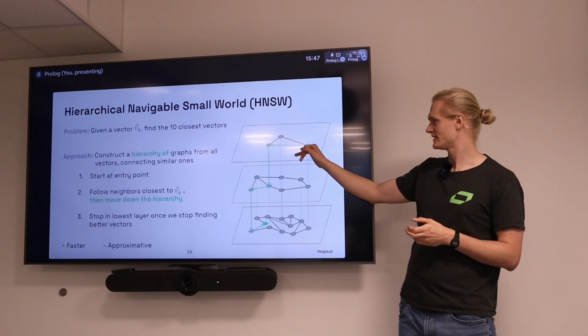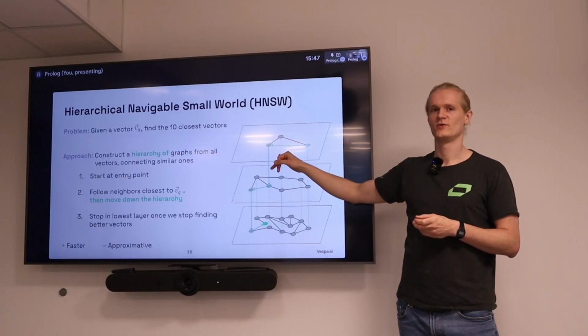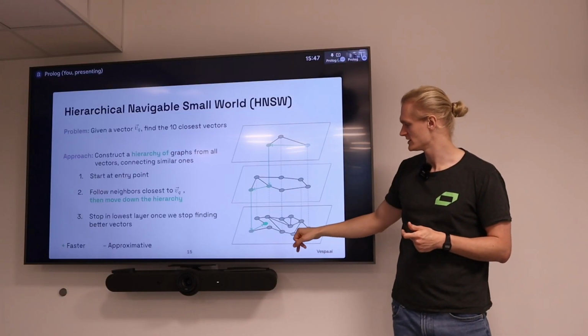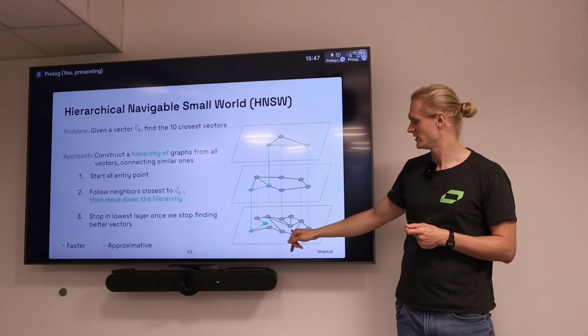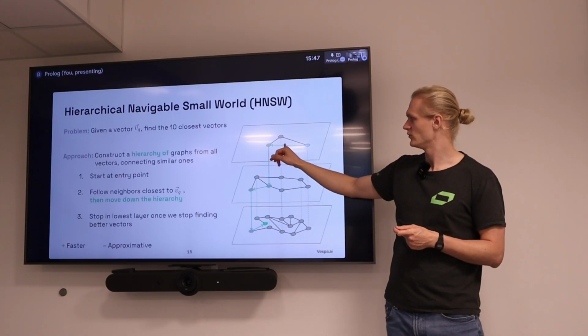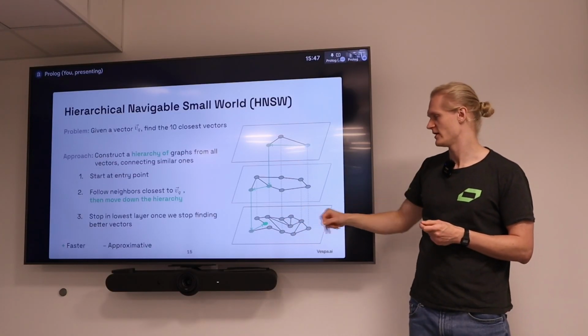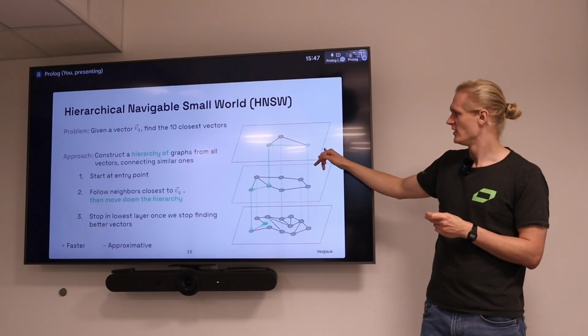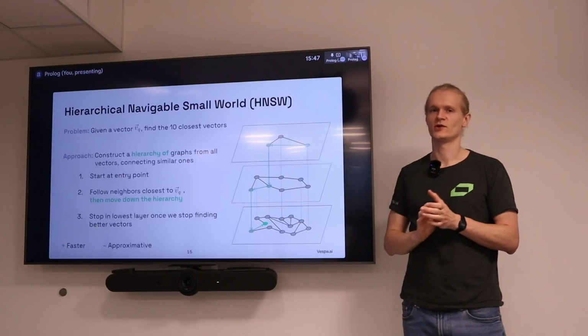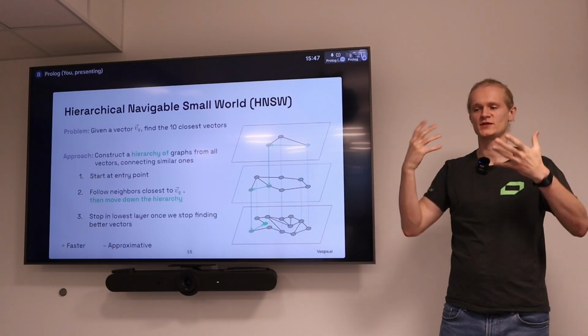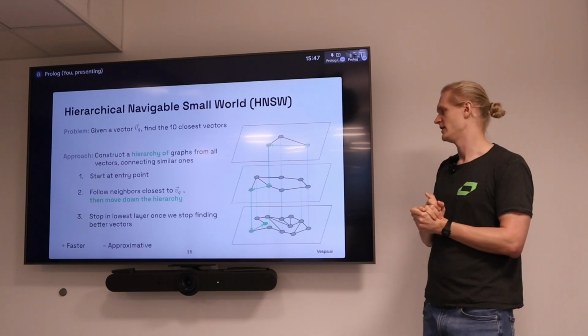So by having this topmost graph, we skip a lot of edges and perform one huge jump in the graph. In this way, we can get to our target, to basically the vertices that we want to find, much faster.